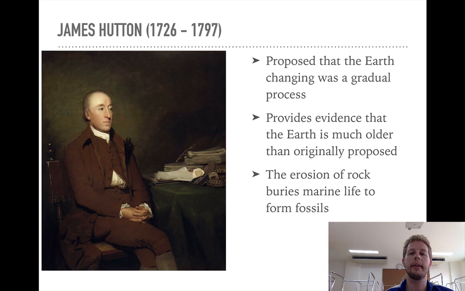Based on his work, he proposed that the Earth was changing through a very gradual process and did not support the idea that catastrophes happen frequently and are responsible for all the changes that take place on Earth. His proposal provided evidence that the Earth was much older than originally proposed, because these geological formations and changes took much longer than scientists at the time had originally thought.